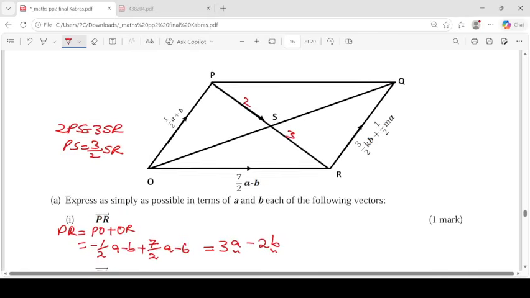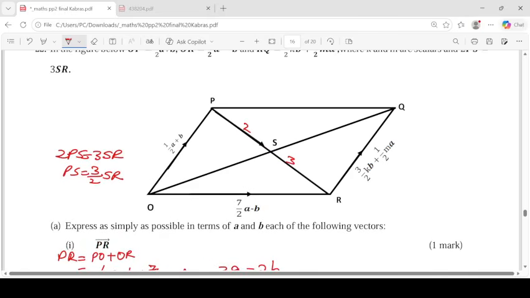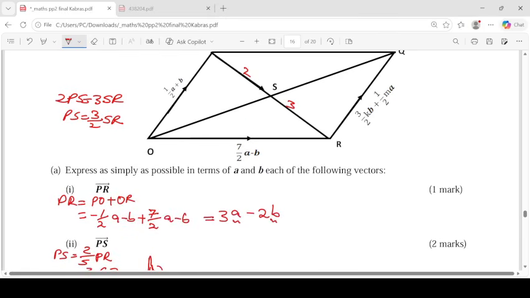Sorry, let me just see. PS, what are we looking for? Let me see. Have I expressed this ratio well?